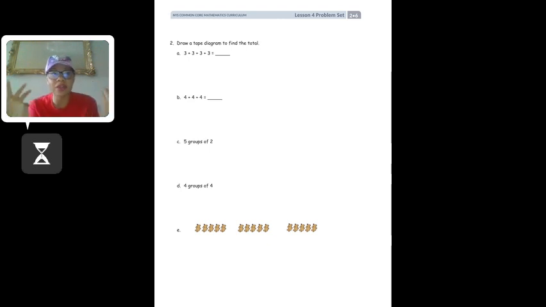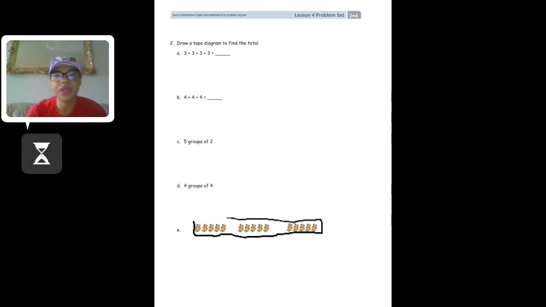We're going to make a tape diagram with pictures inside of it. So let's think about this. First, we're going to draw a rectangle around the whole set, the whole list of teddy bears. So I'm going to draw a rectangle to be my tape diagram, and then we're going to divide it up into the equal size groups that they have.